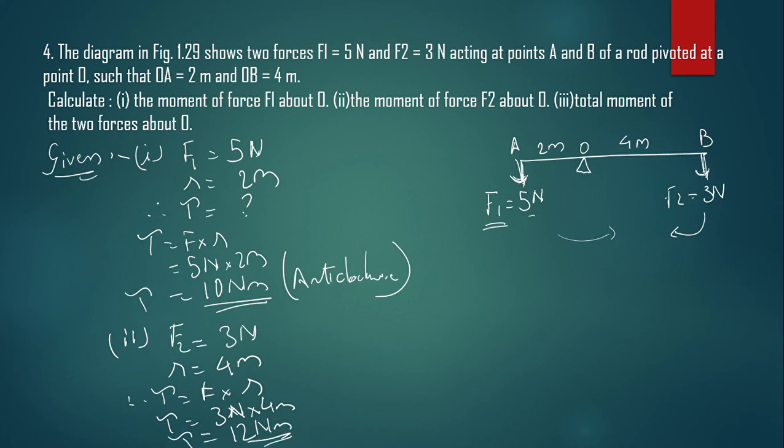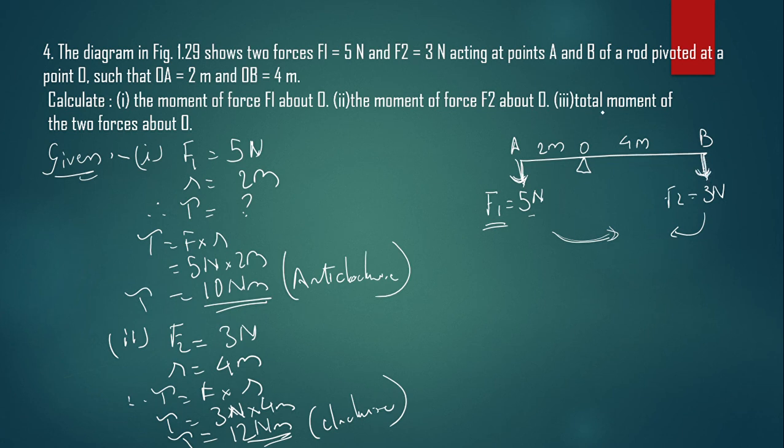So this torque because of F2 would be 12 Newton meter. Third is the total moment of two forces about point O.